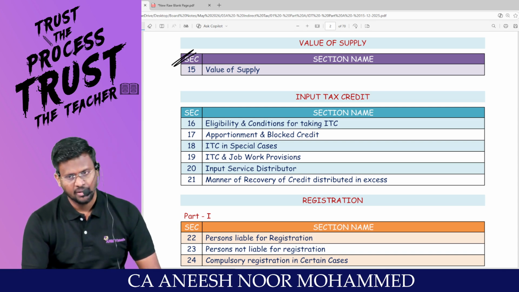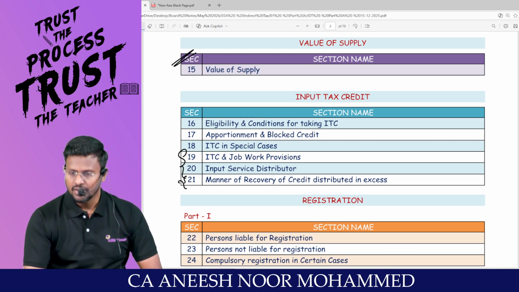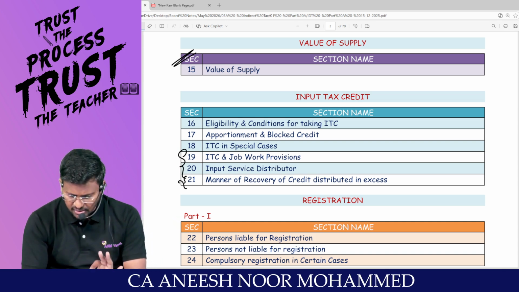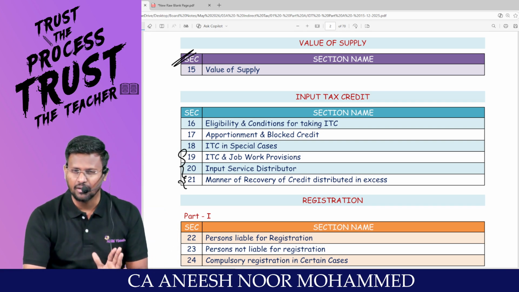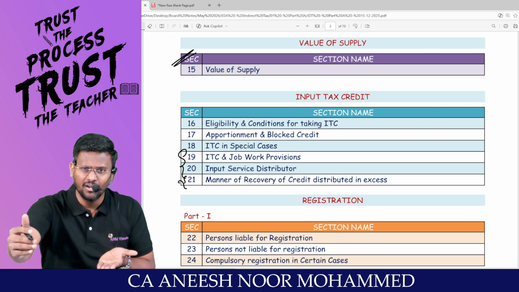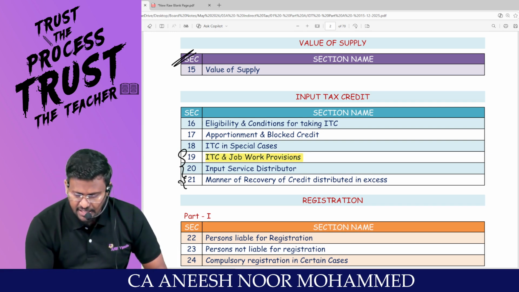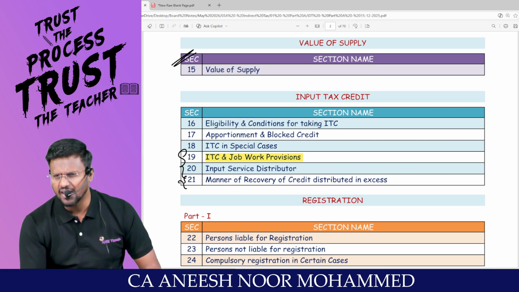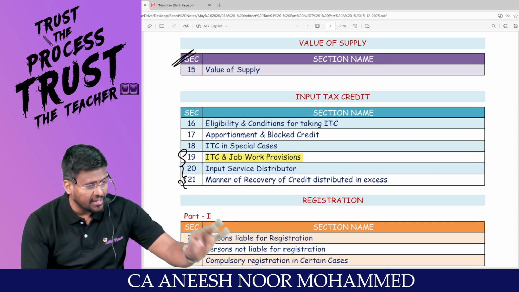Sections 19, 20 and 21: sir, these three sections are applicable only to CA Final and not applicable to CA Inter. But for the flow of the sections, I have included them. Section 19, ITC and job work provisions, that is, if you are a job worker, when can he take ITC.